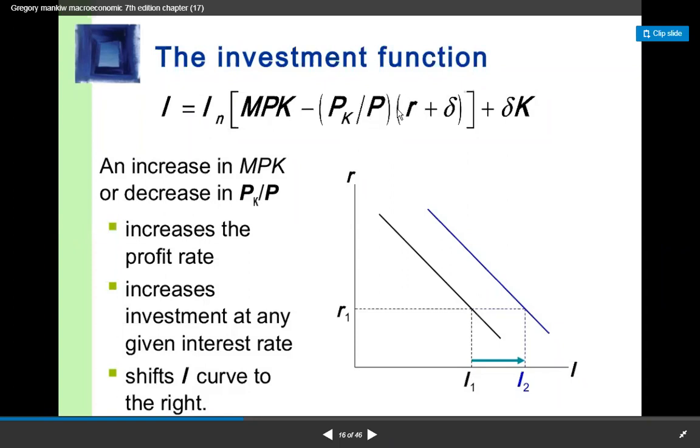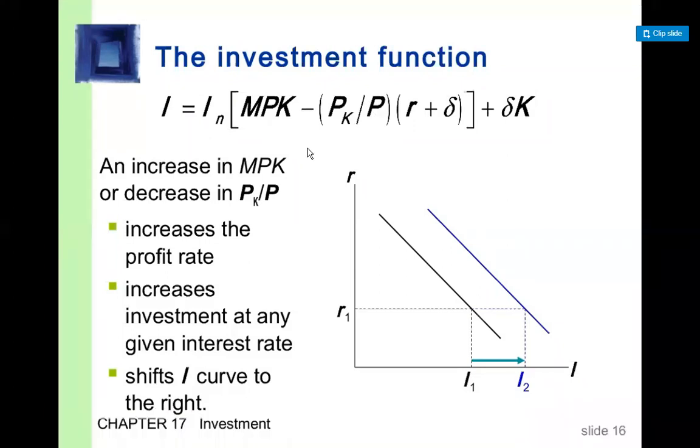When real cost of capital decreases, then profit rate increases. तो नेगेटिव पार्ट जब कम हो जाता है, रिलेटिव प्राइस के कम होने की वजह से प्रॉफिट रेट बढ़ जाता है.